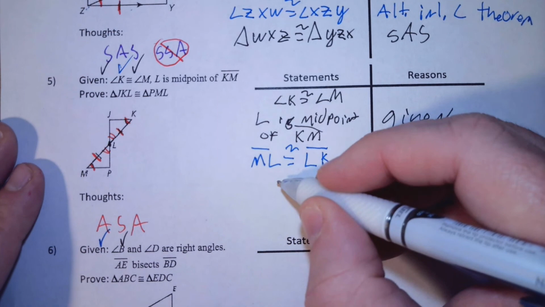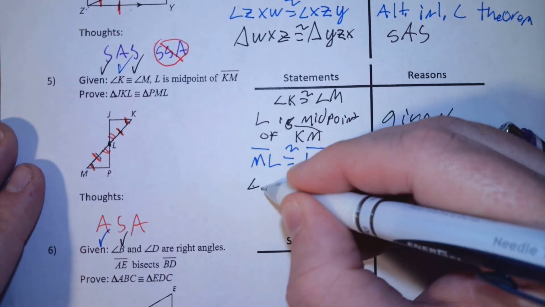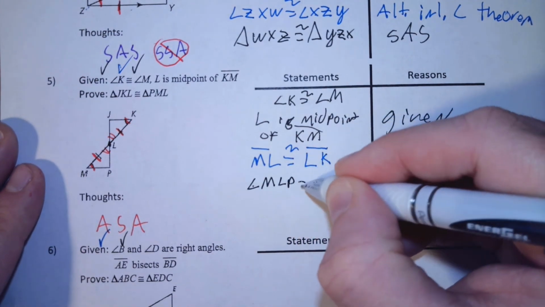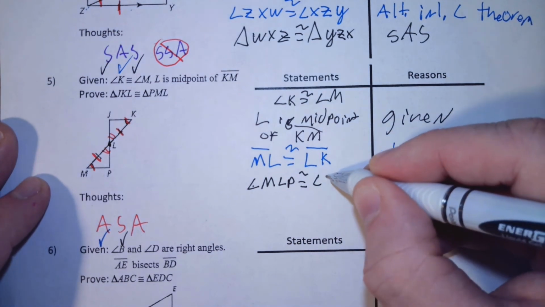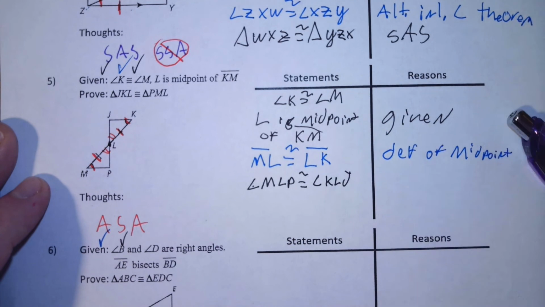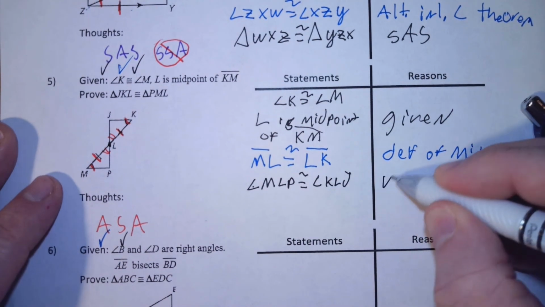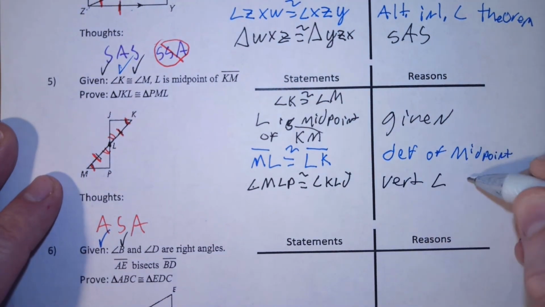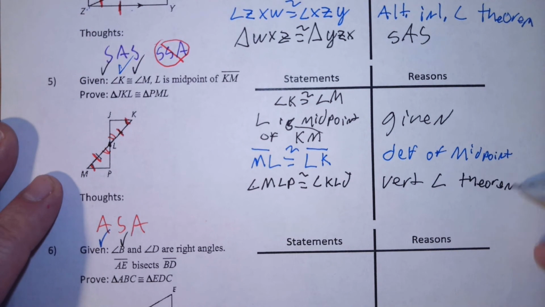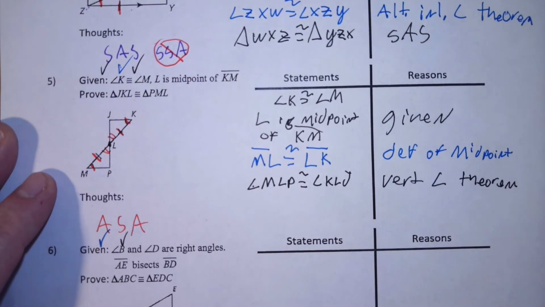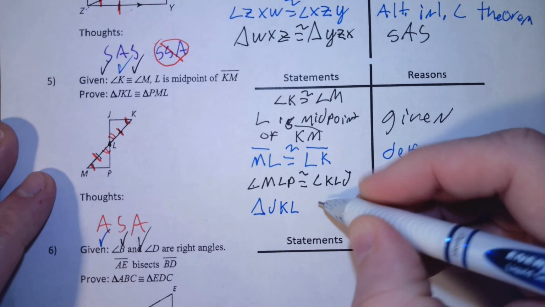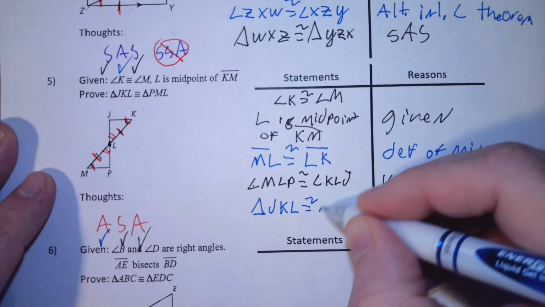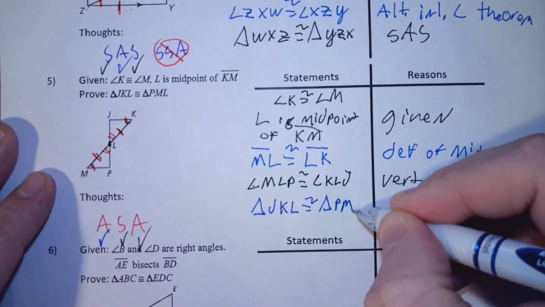I'm going to call it angle MLP is congruent to KLJ. And that is going to be vertical angle theorem. And I got my angle. And I'm going to just close this out. Triangle JKL is congruent to triangle PML, ASA.